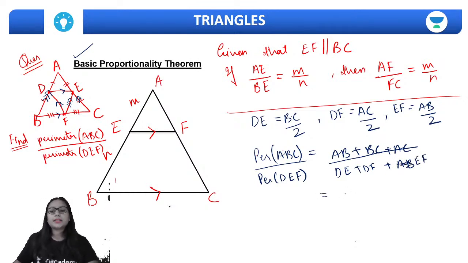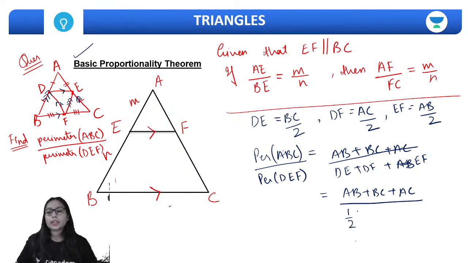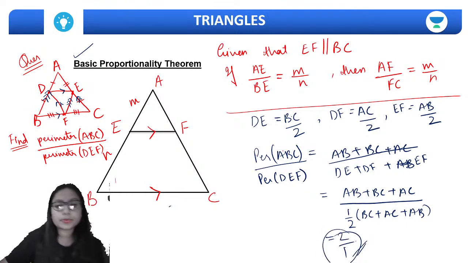If I simplify this, I get AB plus BC plus AC upon BC by 2 plus AC by 2 plus AB by 2. Hence this 2 will go up and the ratio would be 2 is to 1. So yes, Prasoon, your answer is right.